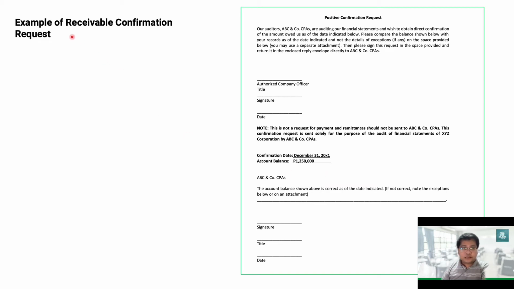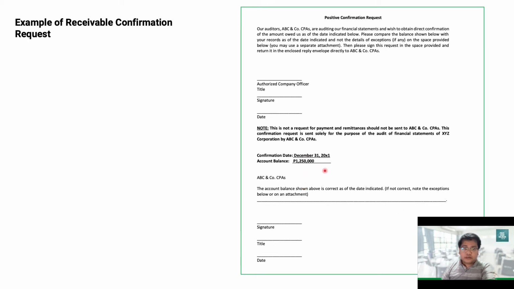Like for example here, in our receivable confirmation, we ask the customer of the client to confirm whether the customer owes our client, let's say here, 1,250,000 as of December 31, 20x1. Okay, so to complete the procedure, the customer would reply whether the amount is correct or incorrect.